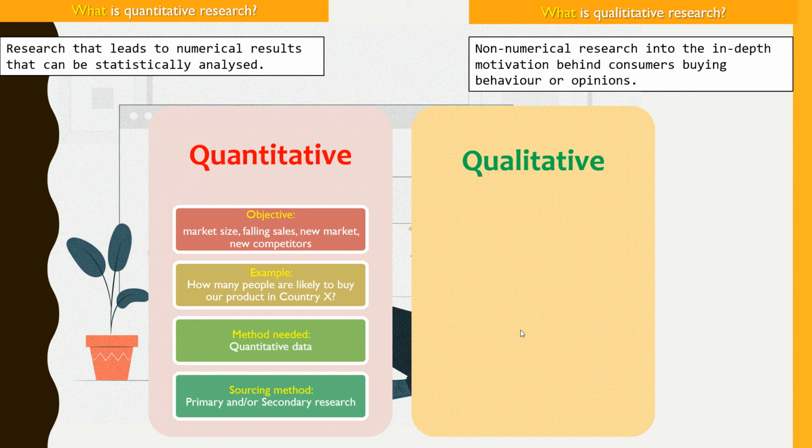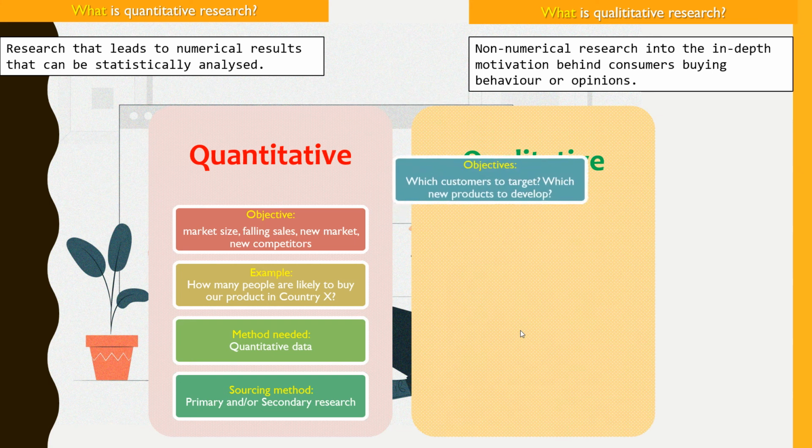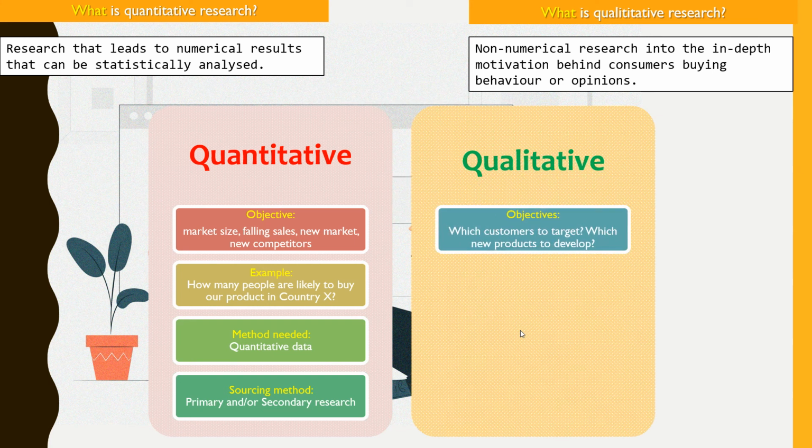Now, in terms of qualitative research, we look at people's buying behavior. Questions or objectives of conducting such research would be something like which customers we should target, or which new product to develop. So we look at who and why. Questions could also involve why customers prefer a company's product, what is exciting or nice about it.